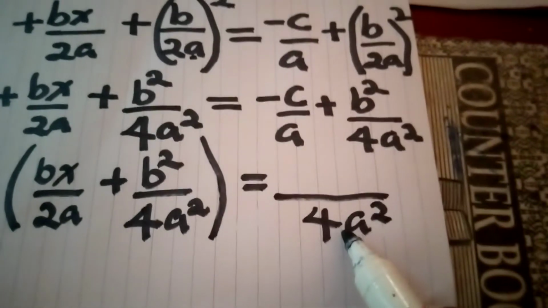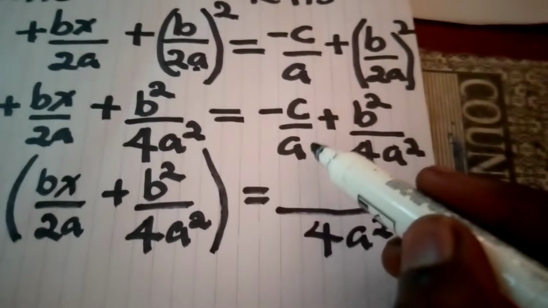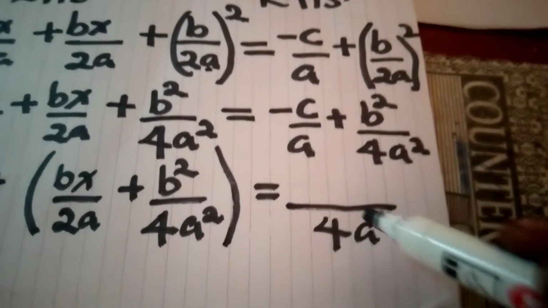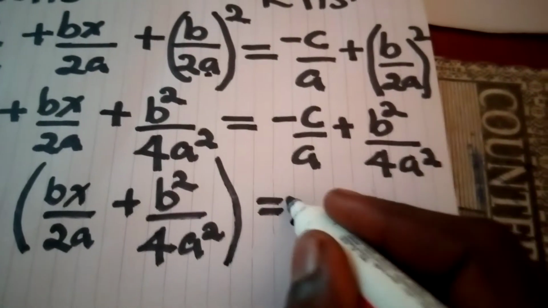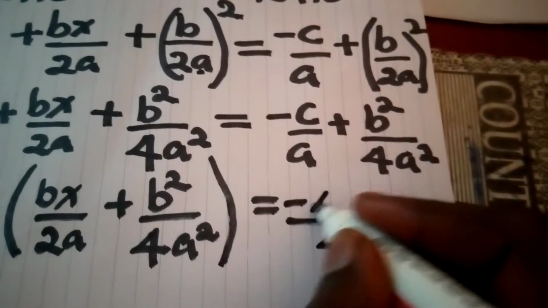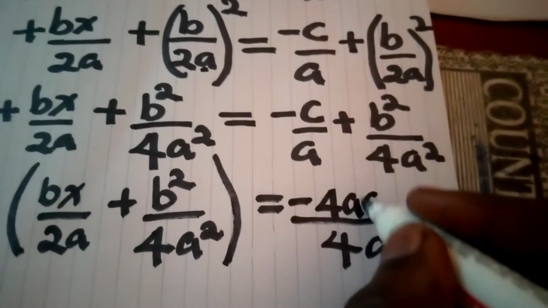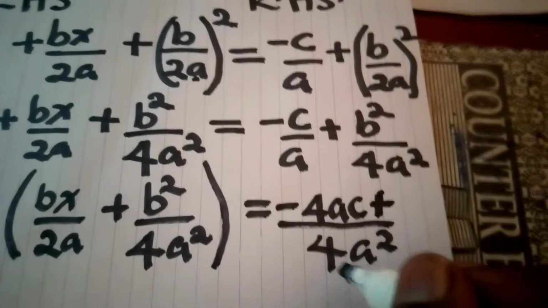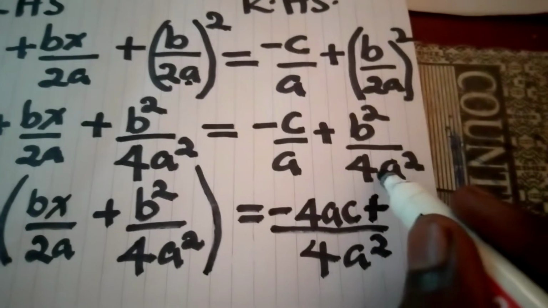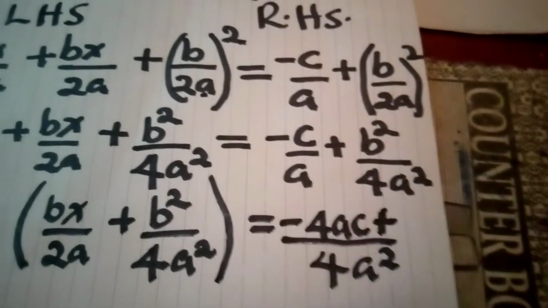So 4a squared divided by a, we shall have 4a. Then the 4a times c, we shall have negative 4ac, plus 4a squared divided by 4a squared, we shall have 1.